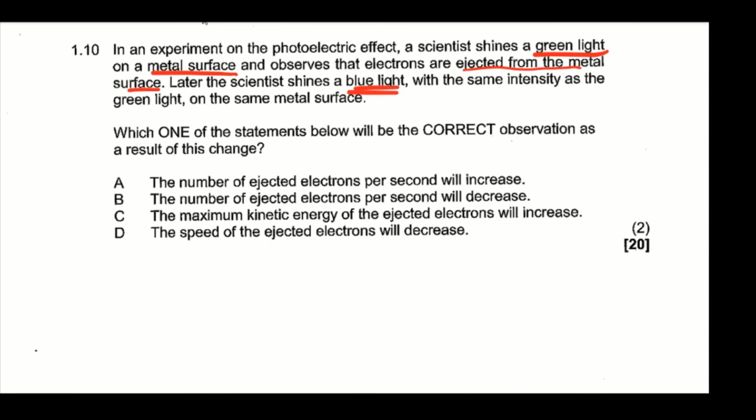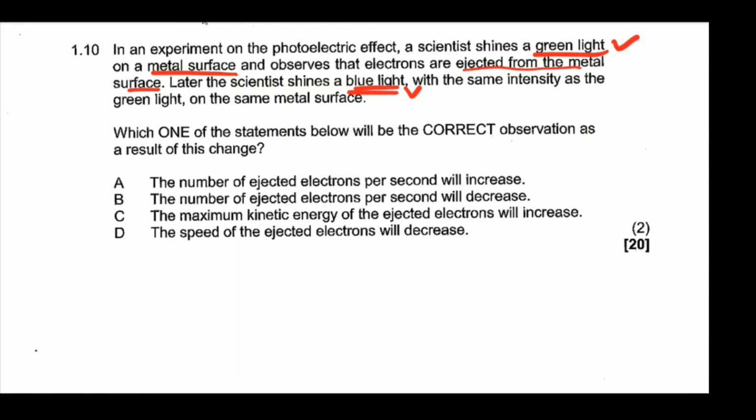So this is important: it first shines a green light, then shines a blue light. These two lights have different wavelengths, with the same intensity. The intensity is the same, but we don't know the wavelength of these two lights. So which of the following statements will be the correct observation?